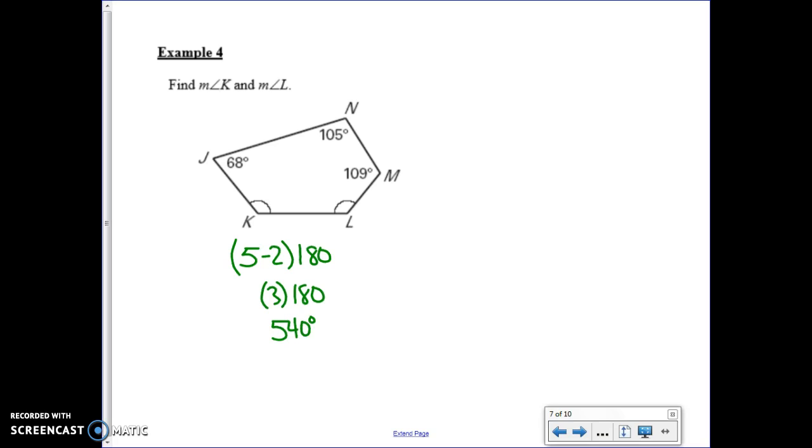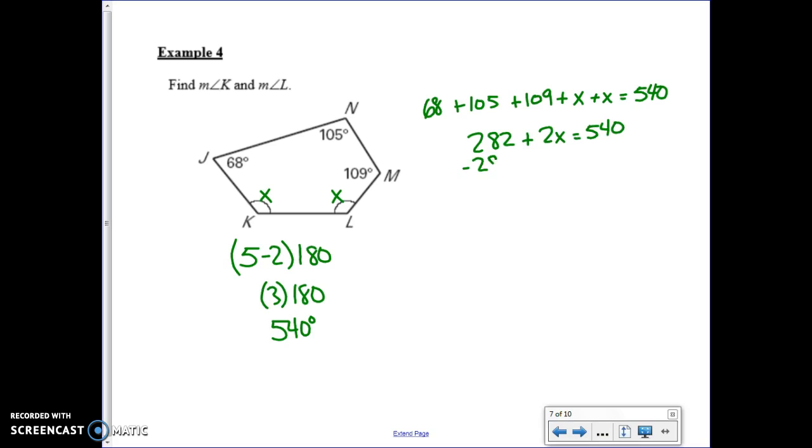And then I'm going to use that and say 68 plus 105 plus 109 plus, now I don't have variables for these, but I know they're the same since they have arcs, so I'm just going to call them both x. So plus x equals 540. So 68 plus 105 plus 109 gives me 282. Plus, I have 1x plus 1x, so 2x equals 540.